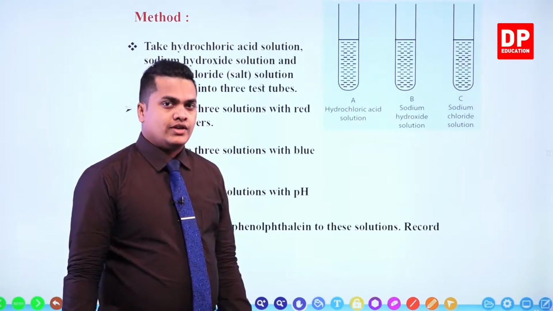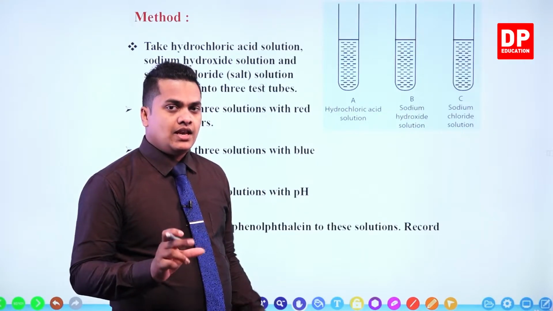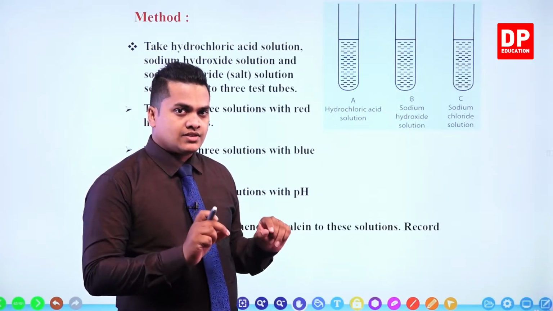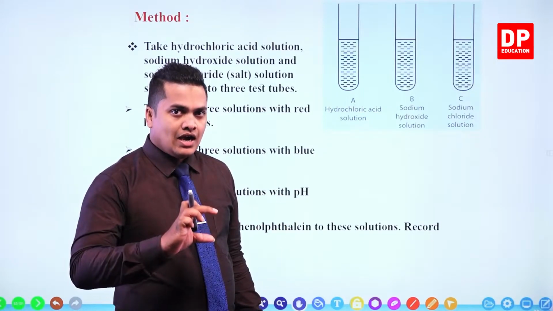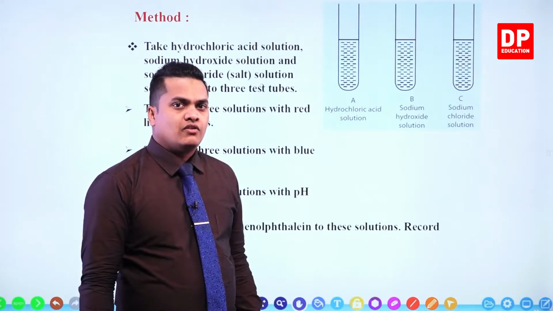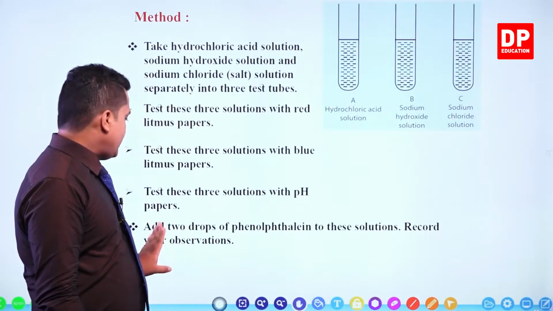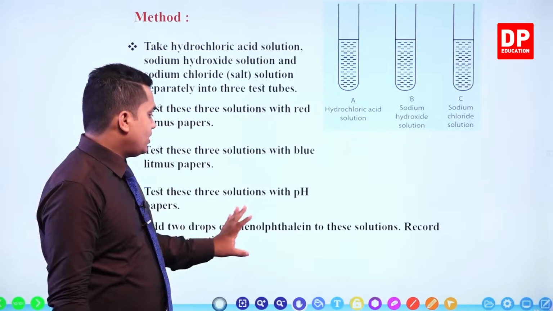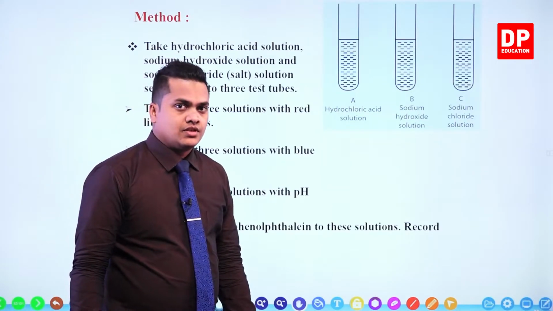When you are checking with pH papers, make sure to take that indicator scale and keep it alongside the color change so that you can get a good reading of pH value. Finally, add 2 drops of phenolphthalein to these solutions and record your observations.